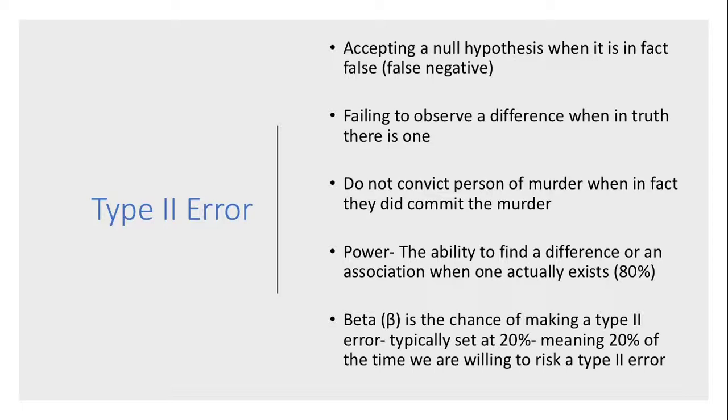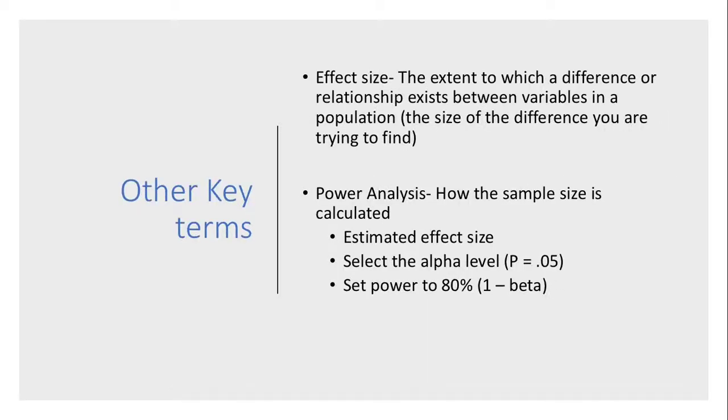So you can see we're much more conservative with type 1 errors because we don't want to convict somebody of murder when they're innocent. So that's why you have a p-value of 0.05, but we're a little more willing to accept that we won't find a difference when in fact there really is one, and we're willing to take that 20% risk.